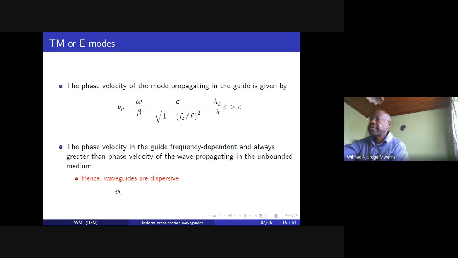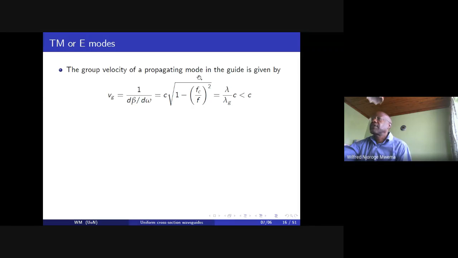So hence, waveguides will be dispersive, and the group velocity can be defined for the mode in the guide and given as Vg equal to 1 over the derivative of the phase propagation constant with respect to the radian frequency, and we get that it is given by C multiplied by the frequency correction factor, and we see that it is going to be smaller than C. So we note that if we multiply Vg with the phase velocity, we'll get a value of C squared, just like we have seen before.